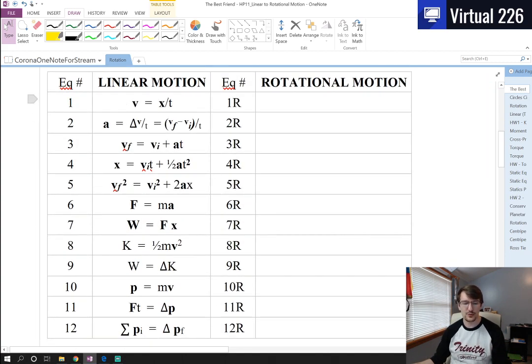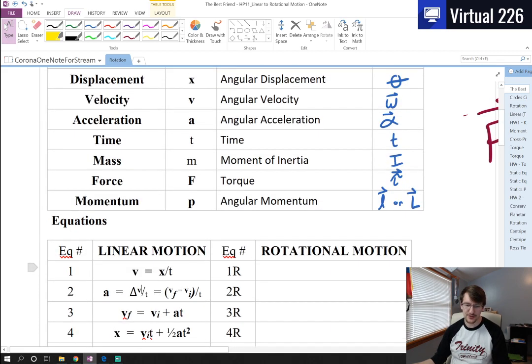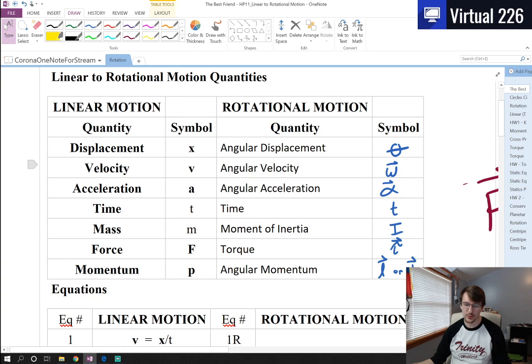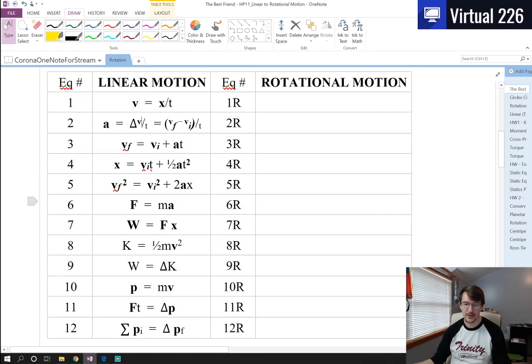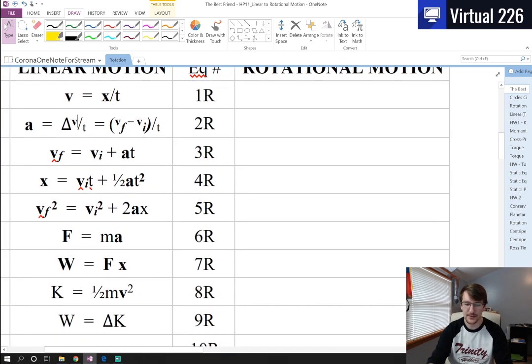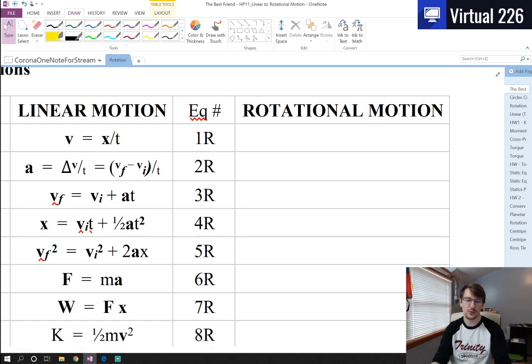What we're going to do here is look at our equations that we have, like v equals x over t. Velocity or speed equals a displacement or a distance divided by time. We're going to look at all these equations, and we're just going to put in the new symbols that match up with the old ones. So if we take a look at this here, we've got velocity equals a displacement divided by a time.